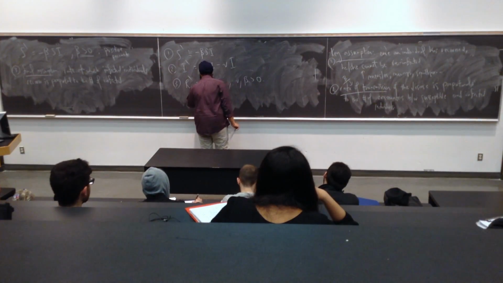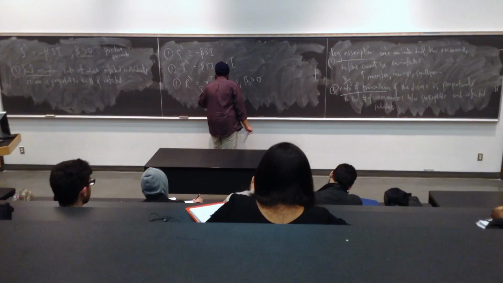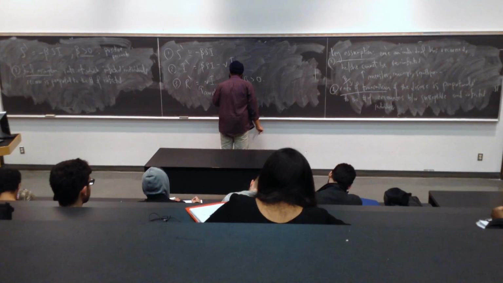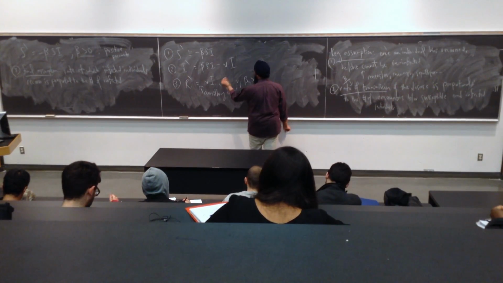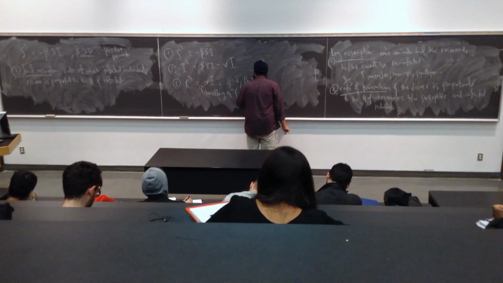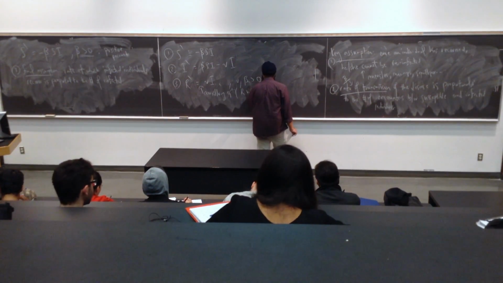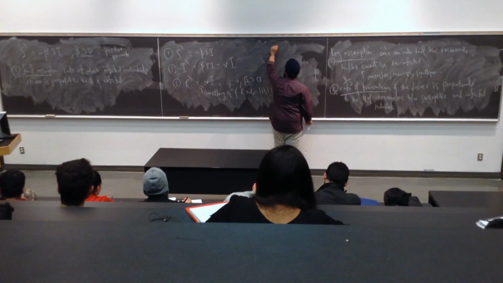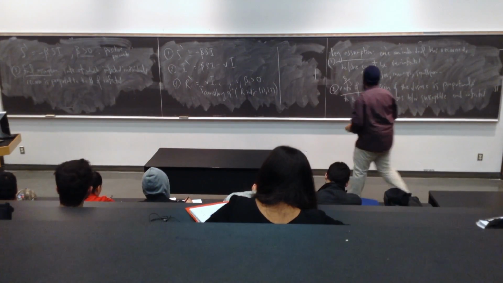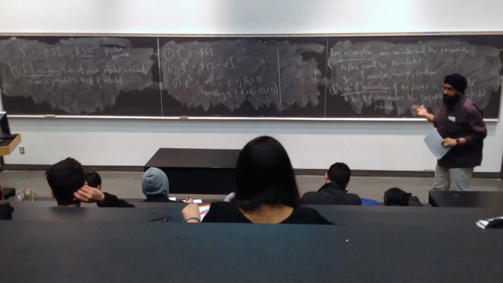So this is what we call an auxiliary equation, because there's no R in the first two. And you can also see this in the following sense. I assumed that the population was constant.